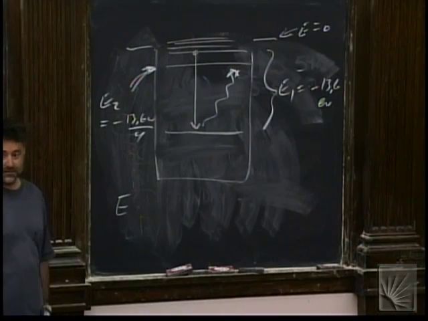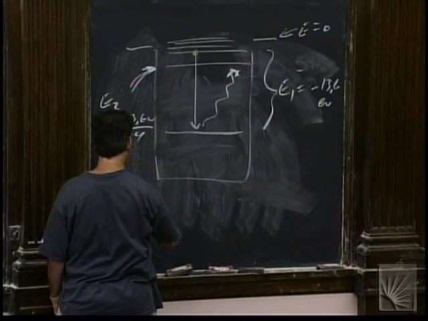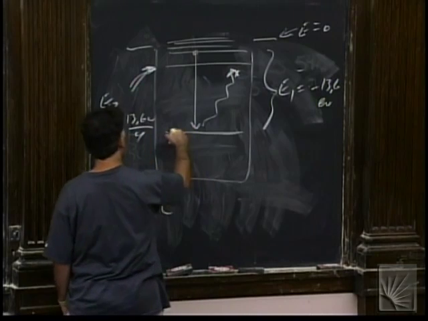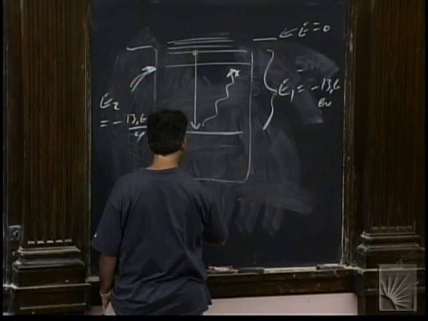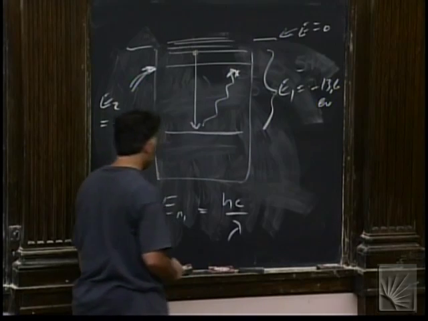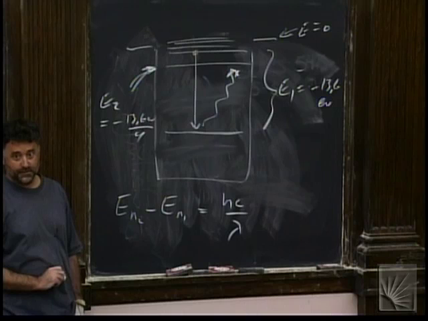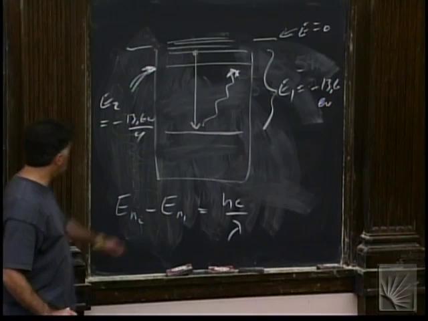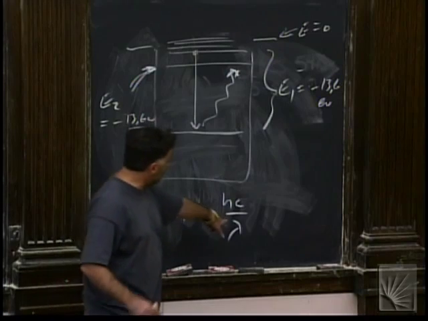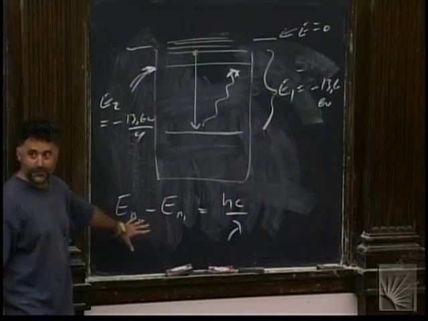because of energy conservation, the claim is that if you take the energy in this level, let me call that E sub n2, and I subtract the energy in this level, let me call that E sub n1, that is going to be hc over lambda, which is the energy of the photon. If you rewrite these things, notice that this gives me the 1 over lambda, and this is going to have the 1 over n squareds from the Rydberg formula.